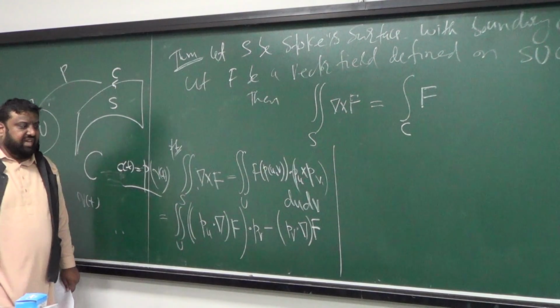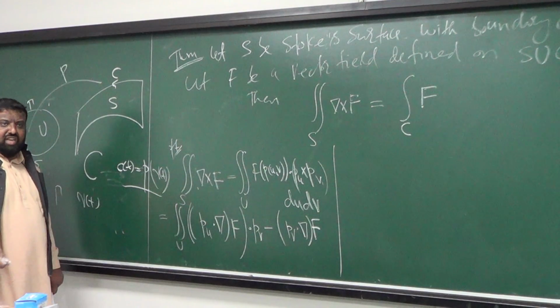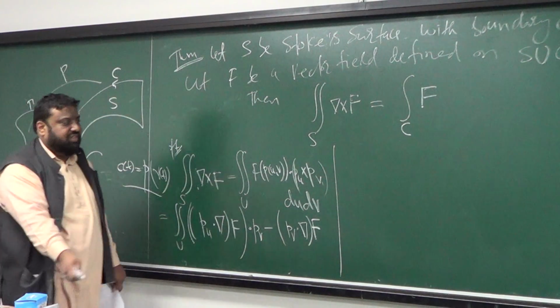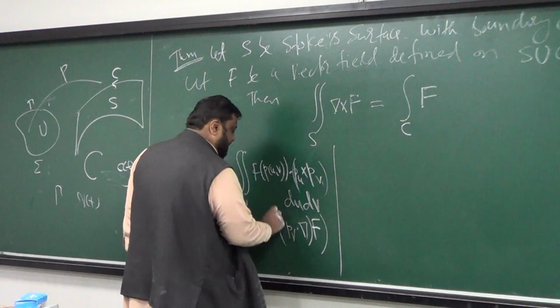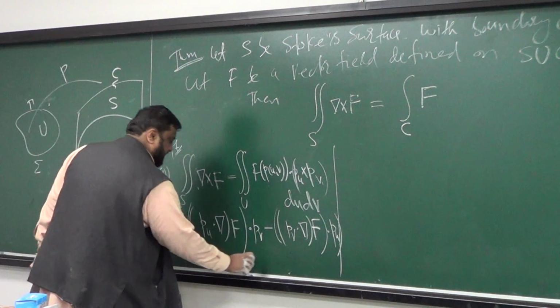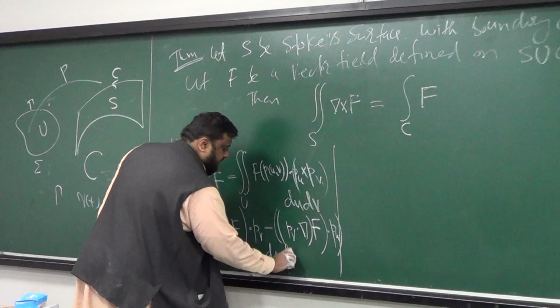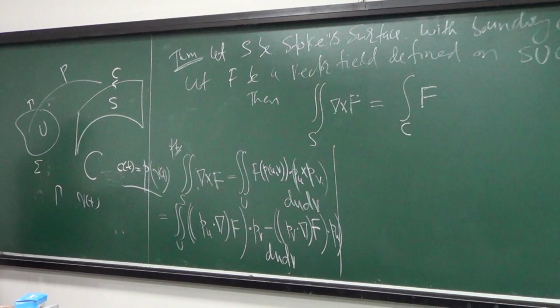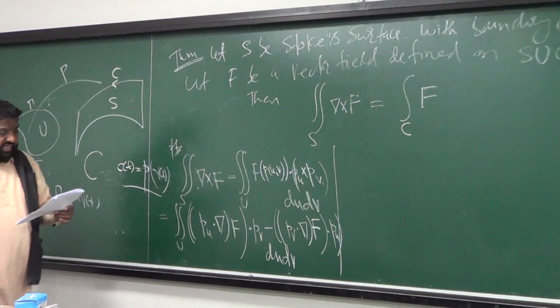I have this p_v dot del, and that's an operator, so it's operated onto f and then taking its dot product with p_u. This is one of the identities.